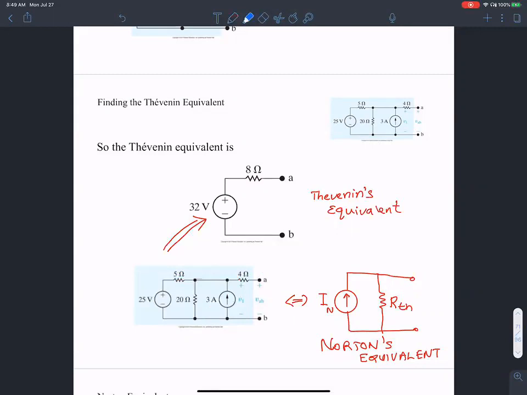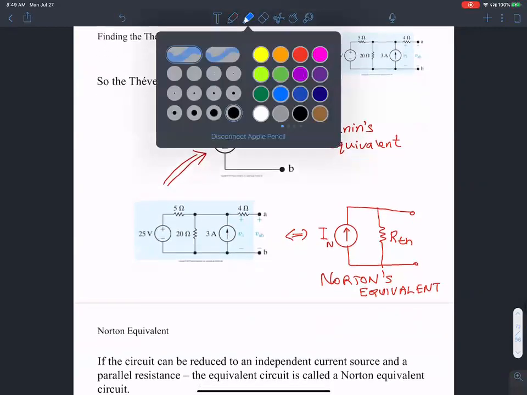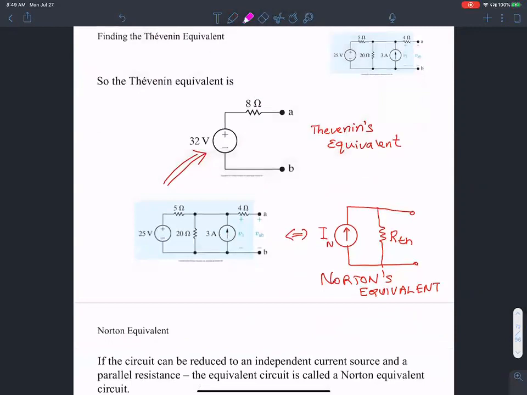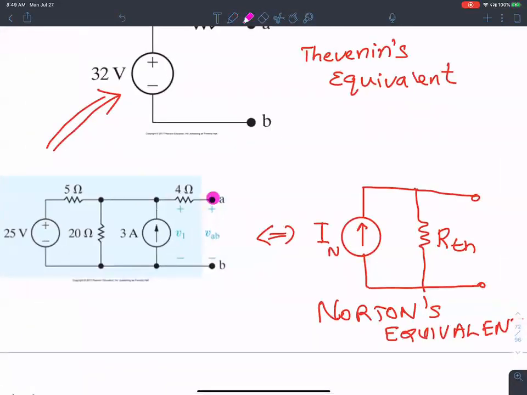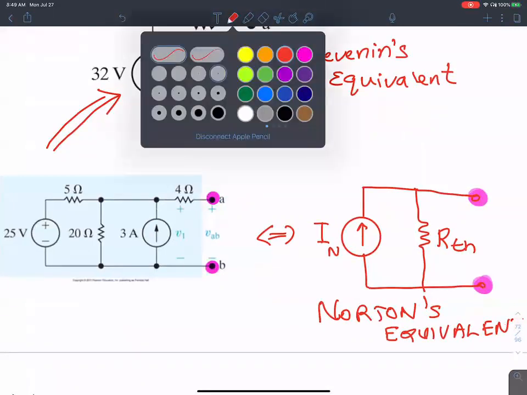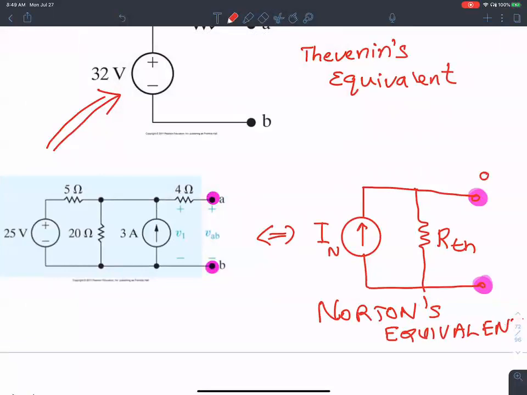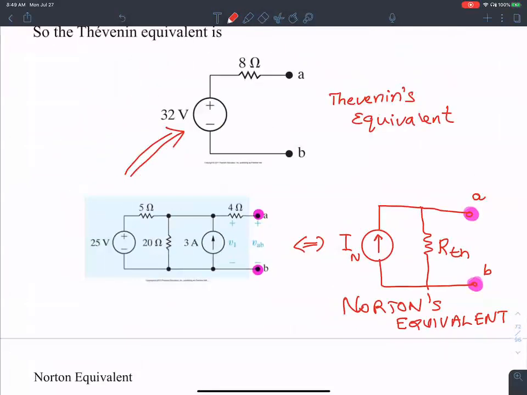And the same logic applies at the terminals A and B: the behavior of the circuit is exactly the same for the one on the left and the one on the right. So that's the idea of Norton's equivalent.